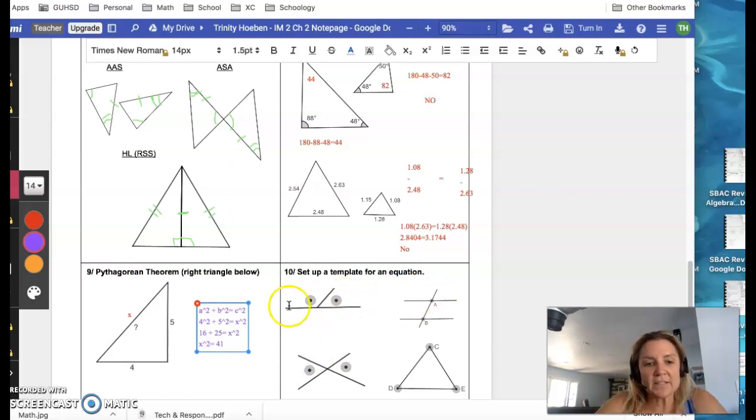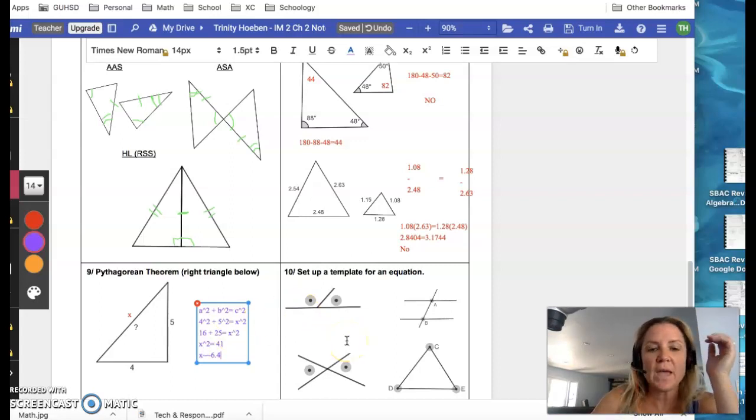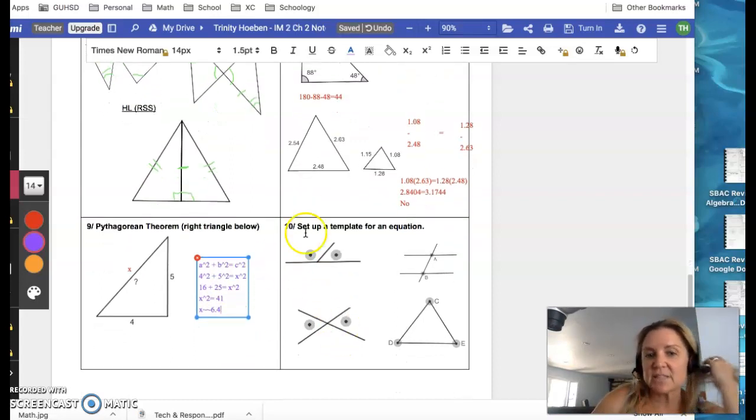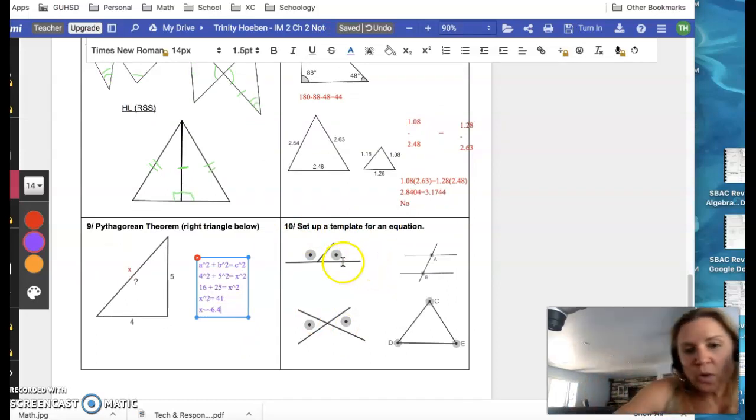But that's not what x equals. We need the square root. So we're going to take the square root of 41. And when you do that on your calculator, you get this approximate number. So I'm going to say approximately 6.4. If you want to round to more decimals, you can. Okay. Question number 10 says set up a template for an equation.